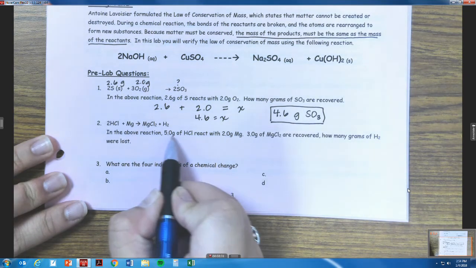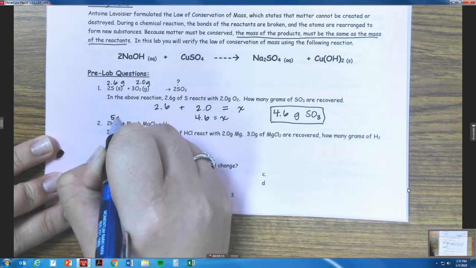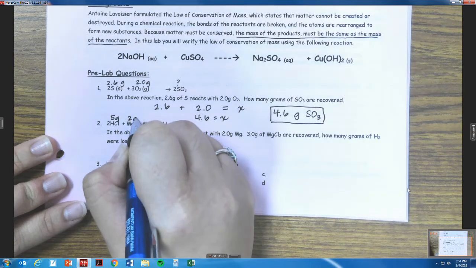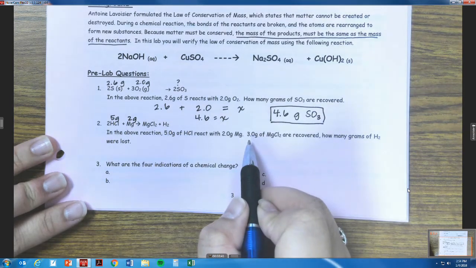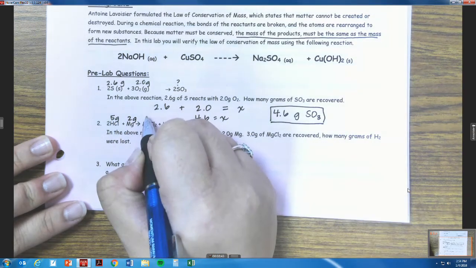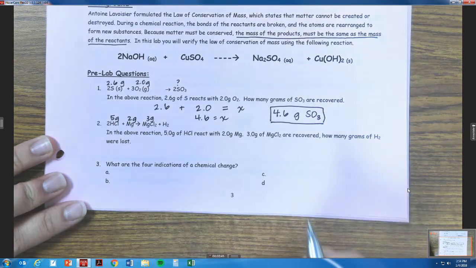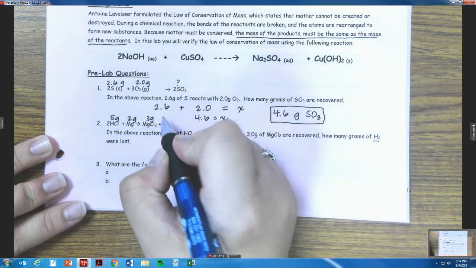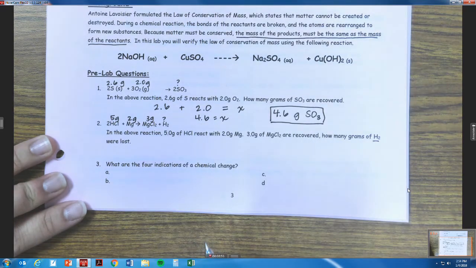So again, 5 grams of hydrochloric acid, so that 5 grams is going to go there. We have 2 grams of magnesium, and then we have 3 grams of magnesium chloride. Okay, and then our question is asking for grams of hydrogen, so that's going to be our unknown.